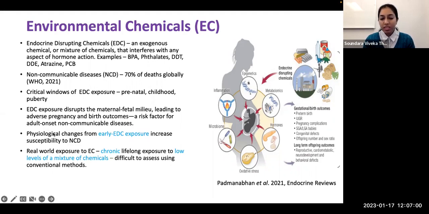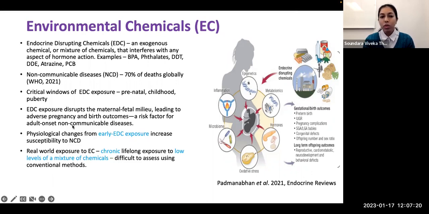In recent times, there's a lot of focus on mixtures research, where we combine several groups of these environmental chemicals, as these are known to have additive, synergistic, or combinatorial effects, but we do not have exact knowledge of the outcome of these mixtures.